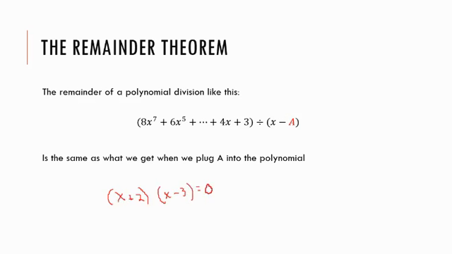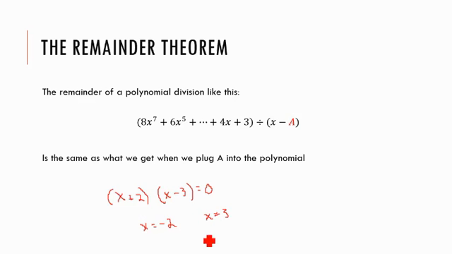When I set them equal to 0, I'm really asking what x value will make this polynomial equal 0. Then I would solve and get x equals -2 and x equals 3. Those x values would make my polynomial 0. So if I substituted the x back in, I would ultimately get 0 as my answer.